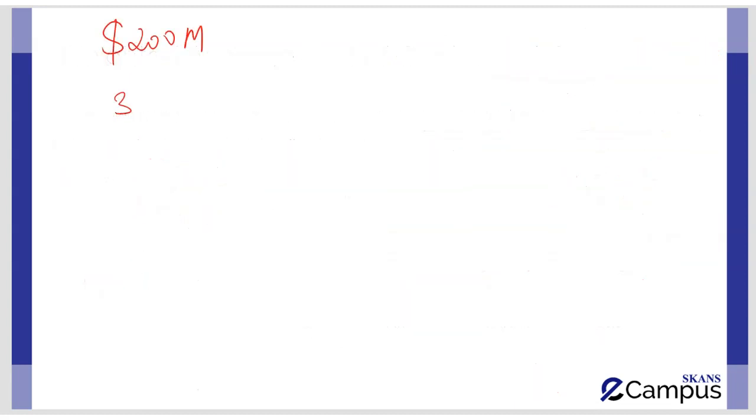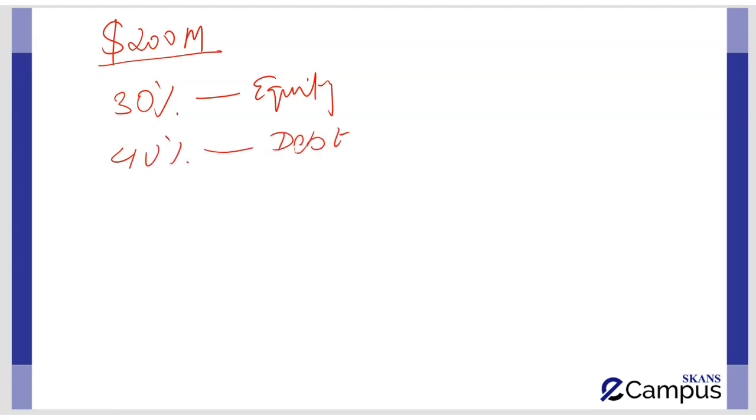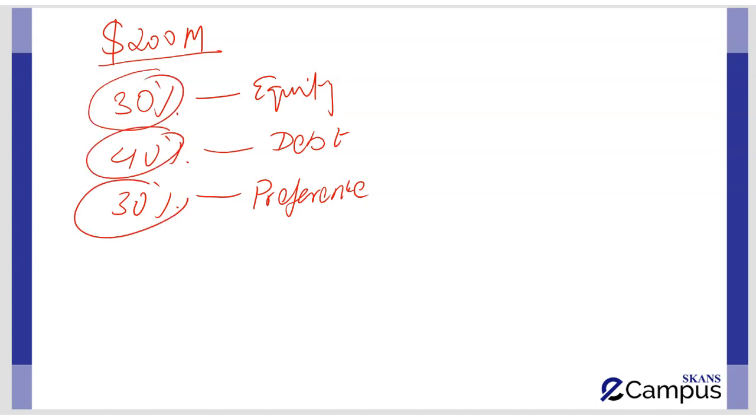So we have a project for 200 million, and we know that 30% of that project is financed through equity, which are ordinary shareholders, and we know 40% is financed through debt, and we know 30% is financed through preference shares. So if I look at it, these I will refer to them as my weights. Why will I call them my weights?